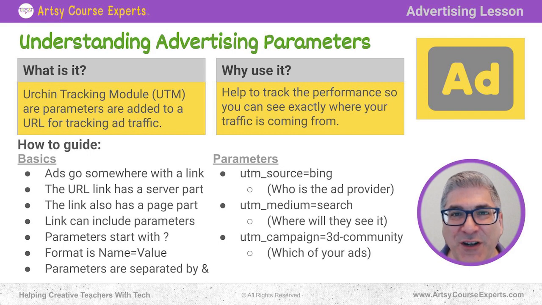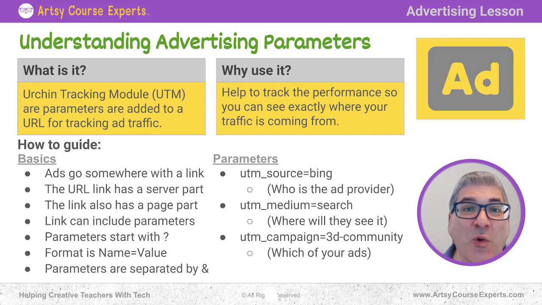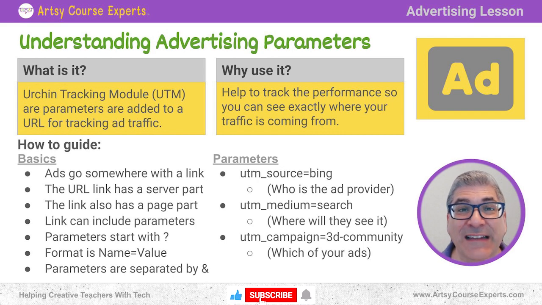So you have this server, you have this page, which is your sales page, and then that's when the link can actually include parameters. You have the domain, then the sales page, and a question mark, which says, hey, here are the parameters. Then you start specifying these different parameters.